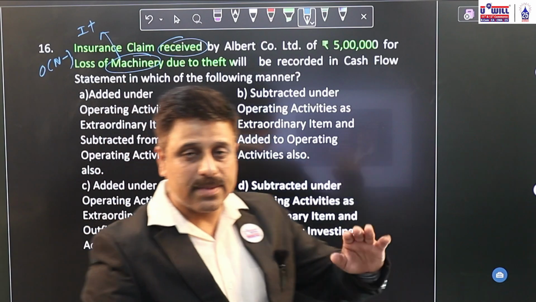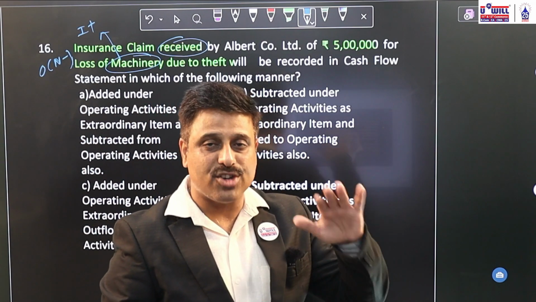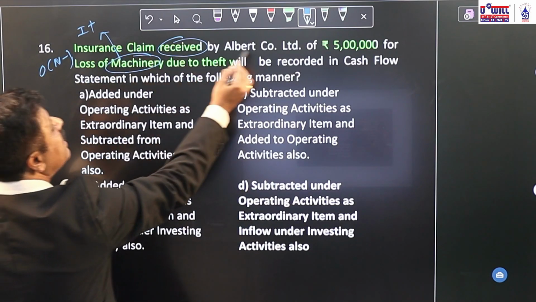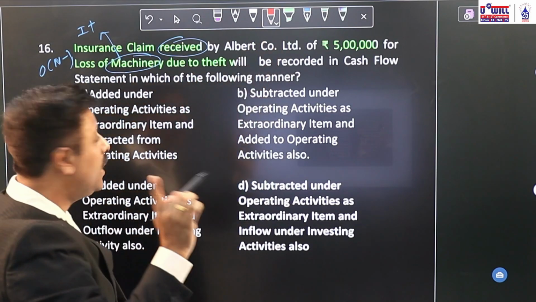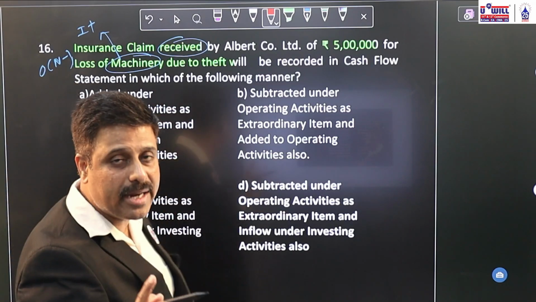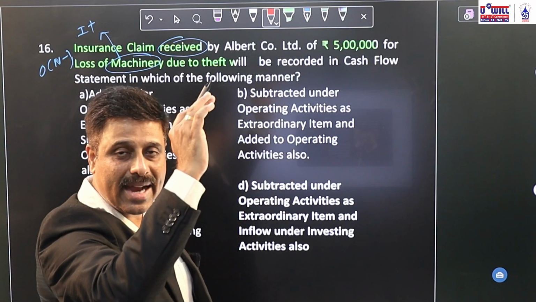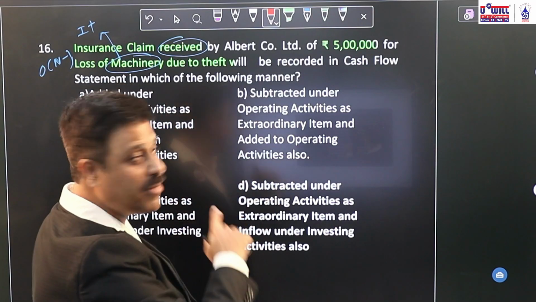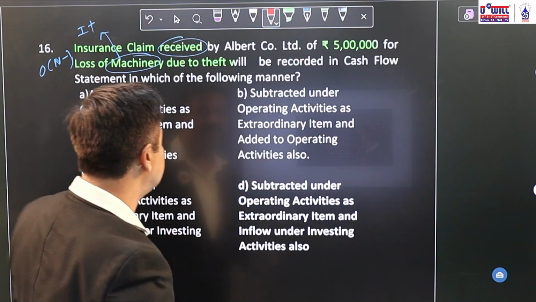So when we find profit before tax and extraordinary items, in that we will subtract it and take it in investing activities inflow because it is related to machinery. Had it been related to goods, then in operating activities we would take it at the end as an inflow extraordinary item. But because it's of machinery, we'll take it in investing activities as an inflow.